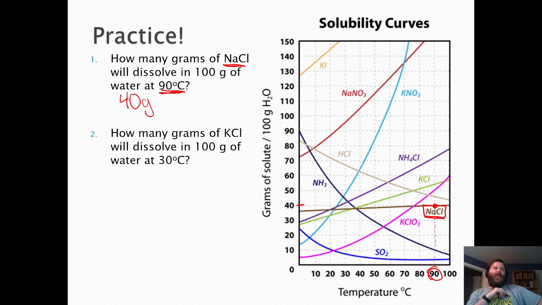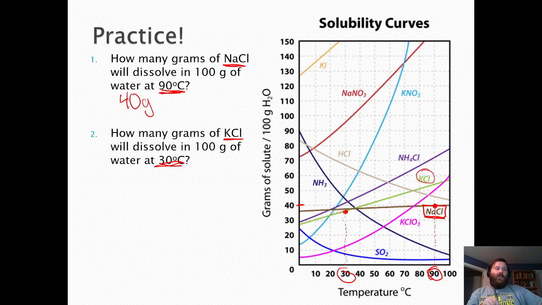Next up, how many grams of potassium chloride will dissolve in 100 grams of water at 30 degrees? Once again, we find potassium chloride, that's this line right here, and we want it at 30 degrees. So we follow the line up until we hit it right there.